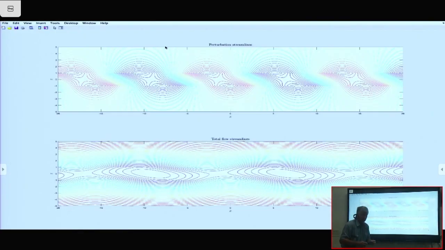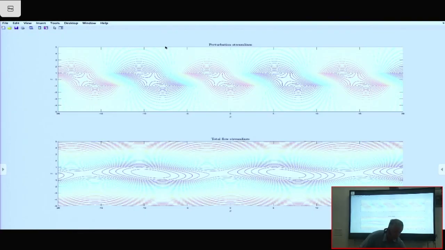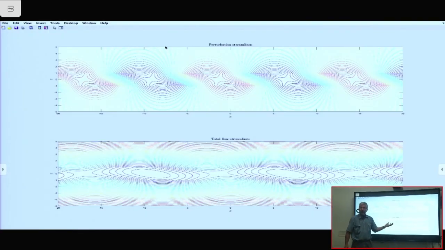Okay, that's good, but does it have anything to do with reality? Historically, that was actually observed. What we're dealing with here is the so-called Kelvin-Helmholtz instability, and the first observations of that, which led to this research, were quite a long time ago.